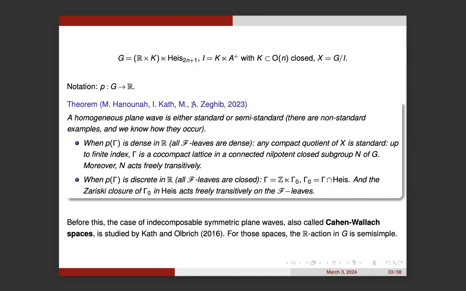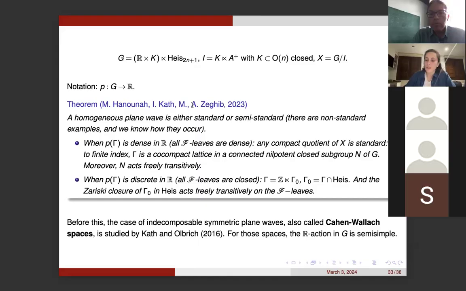If I have a discrete subgroup of the Heisenberg group, it's just the vector space generated by gamma zero inside the Heisenberg group. It's like in Rn. In Rn, if you have a discrete subgroup gamma, its Zariski closure inside Rn is just the linear space generated by gamma.